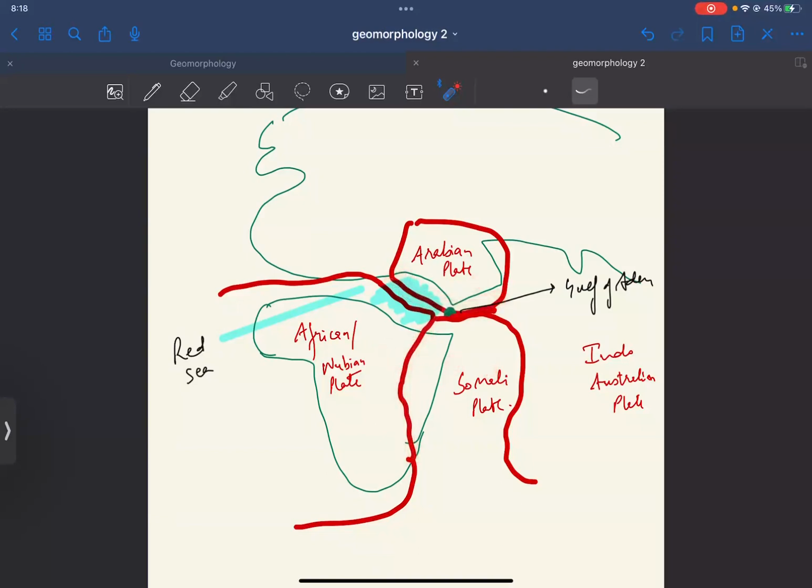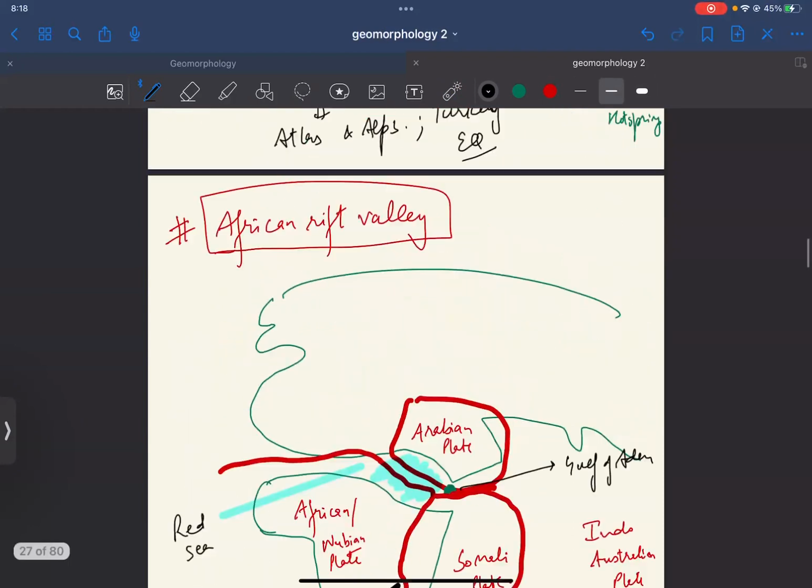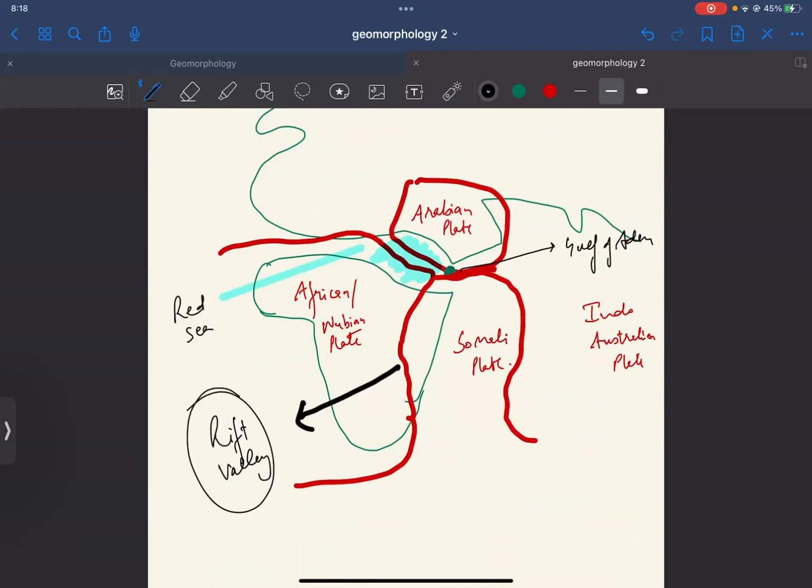Right. So what is happening? Gaps are being created. Since a gap is being created, it is leading to the formation of what? Rift Valley. This Rift Valley is known as the African Rift Valley. A Rift Valley is being created in East Africa, right? Or at this junction where it is being created.